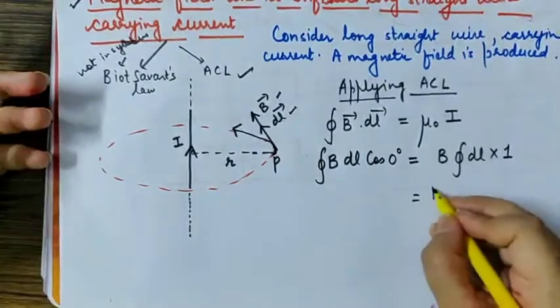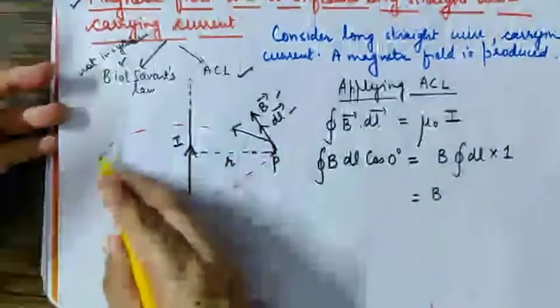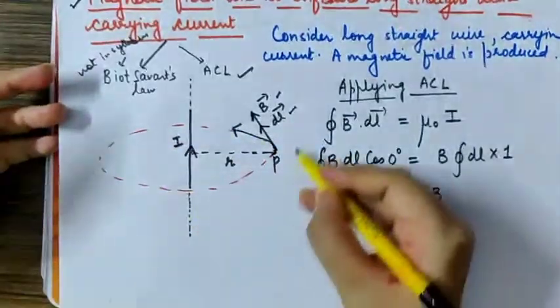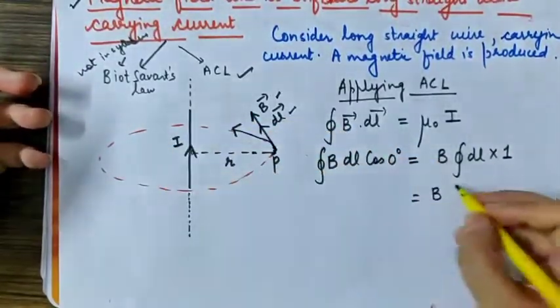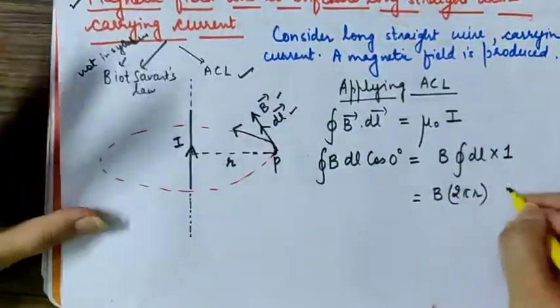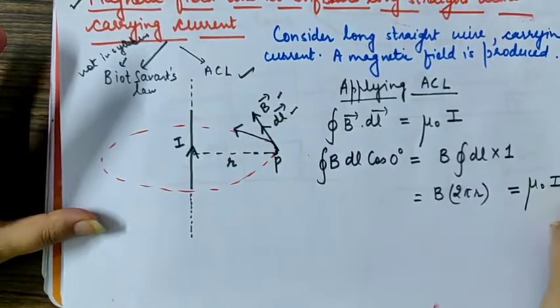Now how will we integrate dl? dl means a small portion of this loop, and integration means the complete loop, so the length of the complete loop, the circumference 2 pi r, and this should equal mu naught times I.